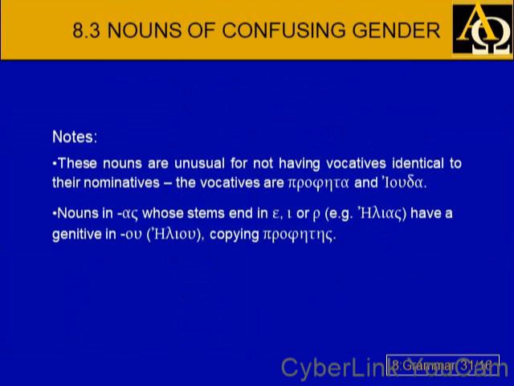So these nouns are unusual for not having vocatives identical to their nominatives. The vocatives are propheta and Juda. Nouns in alpha, sigma, whose stems end in epsilon, iota, or rho, like Elias, have a genitive in -ou, copying prophetes. Okay.